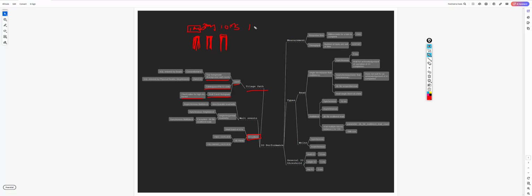If a particular IO or set of IOs is taking 1 second to respond, then we need to target this 1 second IO response time. Why? Because in terms of storage or IO, 1 second is very high.